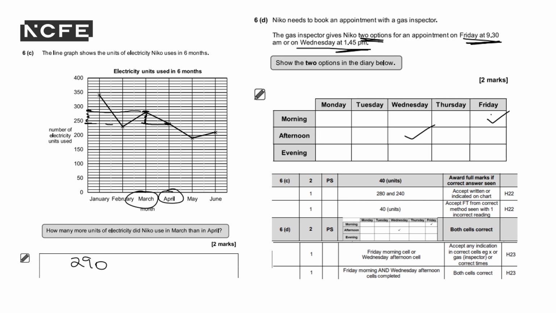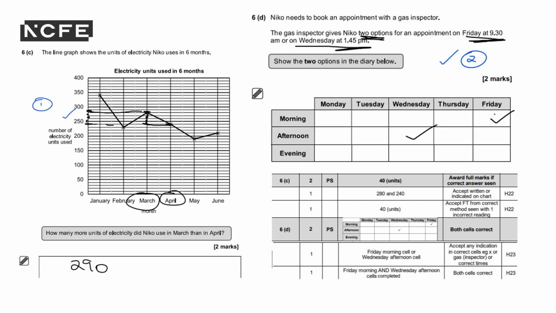And for these questions, I'll show you the mark now. For 6C, which is out of 2 marks, they've written 290, but on the bar chart, we have awarded that they have indicated 280 and 240.